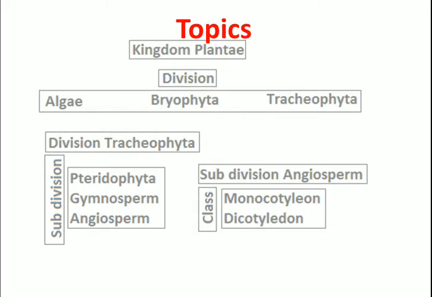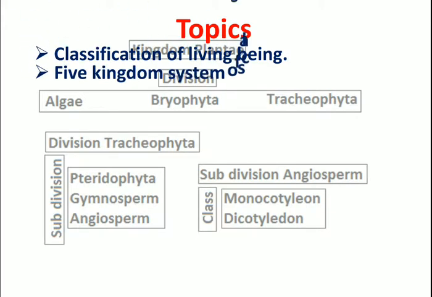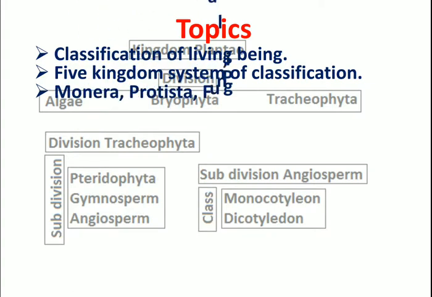Topics: Classification of living being. Five kingdom system of classification. Monera, Protista, fungi, Plantae.